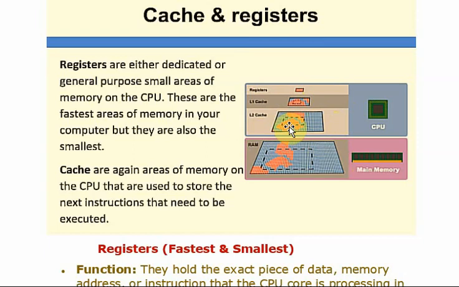There are level 1, level 2 and latest process level 3 cache also there. That is I am providing here for the additional knowledge. You no need to worry about the level, but cache is faster than the RAM. Definitely it is going to increase the computer performance, because CPU can continuously work with cache.